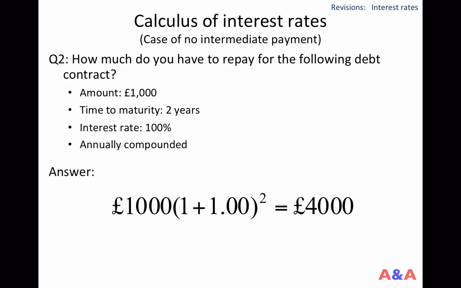This is the equation. £1,000 times 1 plus the annual interest rate 100%, which is 1, to the power 2, because it's a 2-year contract. This is equal to £4,000, so you must repay £4,000 in 2 years. Okay?